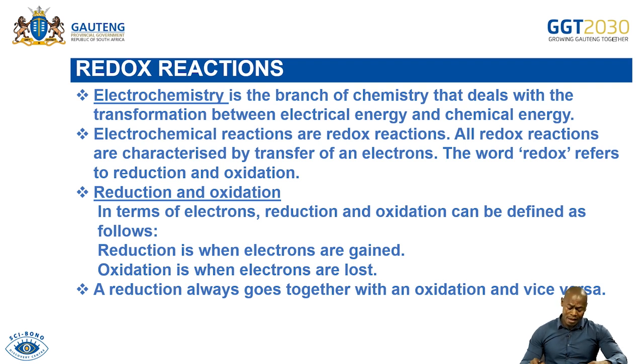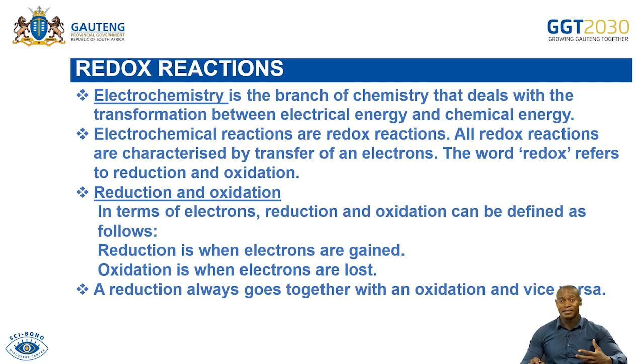So electrochemical reactions or redox reactions. What is a redox reaction? A redox reaction is a reaction where there's transfer of electrons. Let's not confuse that with acid-base reactions, where there's transfer of protons. But when it comes to redox reactions, there's transfer of electrons.